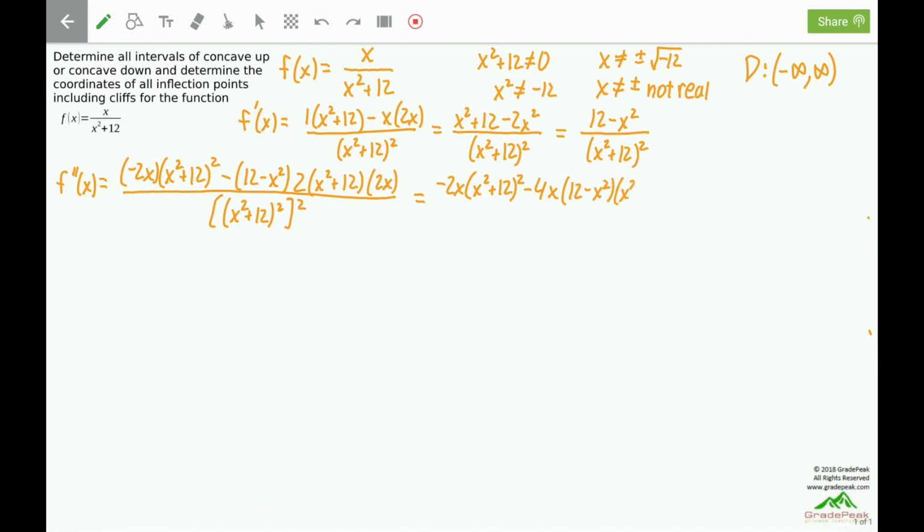And there's an x squared plus 12. All of this is over x squared plus 12 squared, and then squared again. We multiply the exponents here. So 2 times 2 is a 4. It'll be x squared plus 12 to the power of 4.